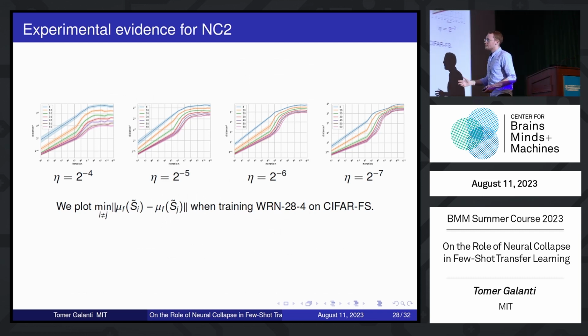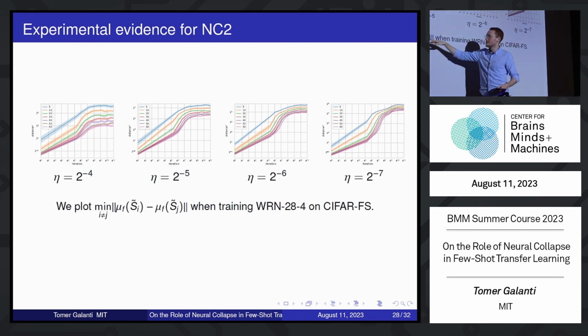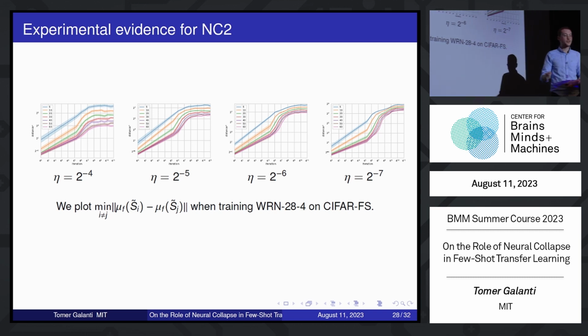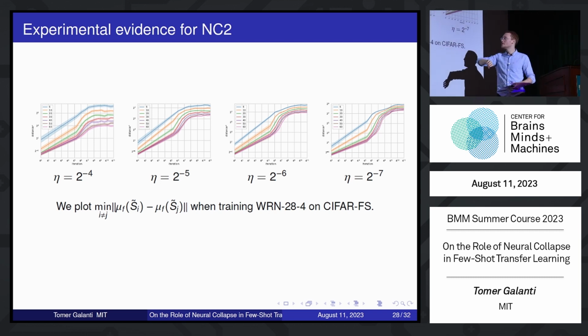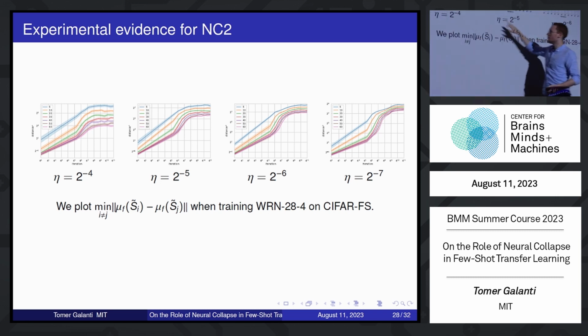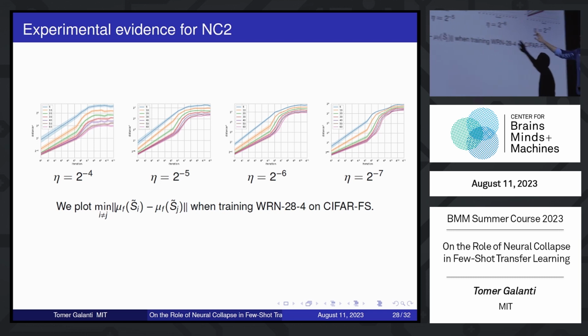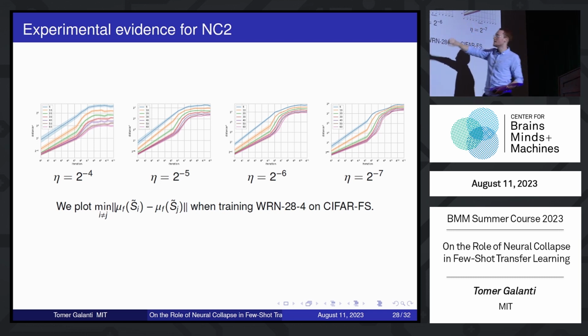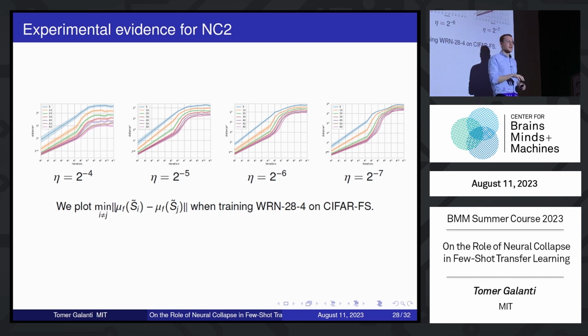And for completeness, we also looked at the minimal distance between the class means, which was in the denominator of the bound. We plot this value for different learning rates, and we see that in all of these cases, the distance grows, and it's not close to 0 or anything like that during training.